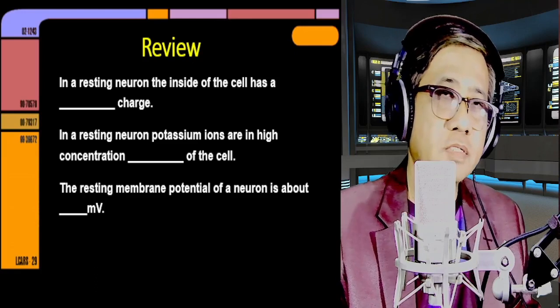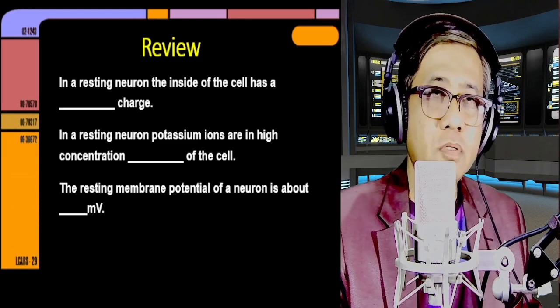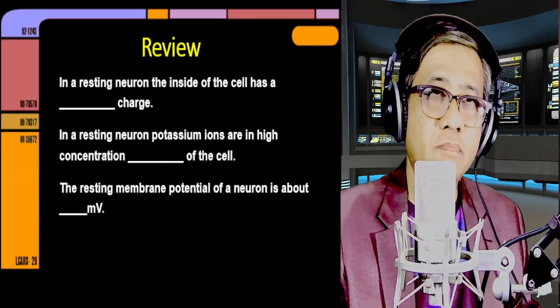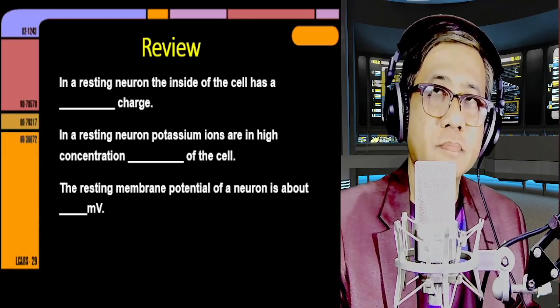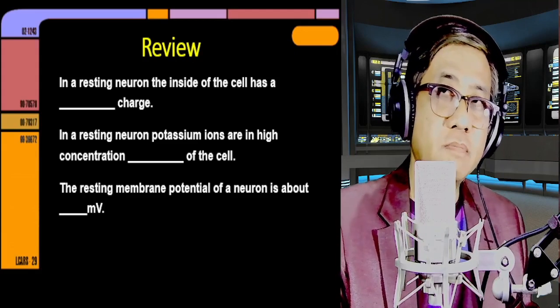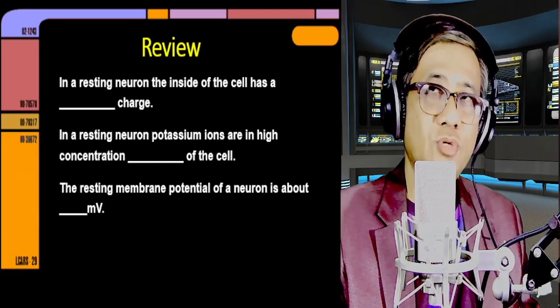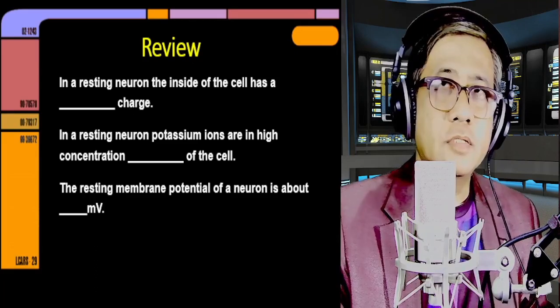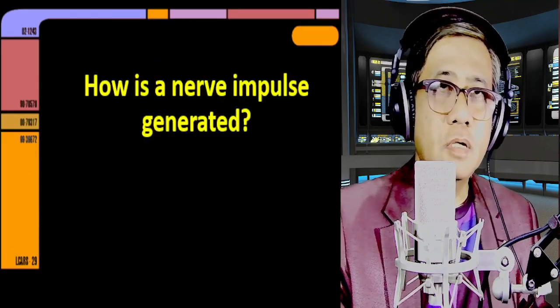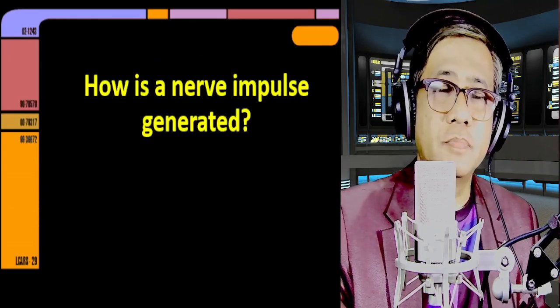Alright, and for the last statement, the resting membrane potential of a neuron is about blank millivolts. If your answer is negative 70 to negative 90 millivolts, then you got it. So at this point, let us now study how a nerve impulse is generated.